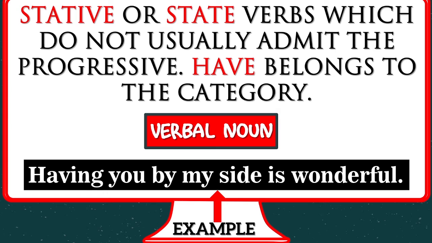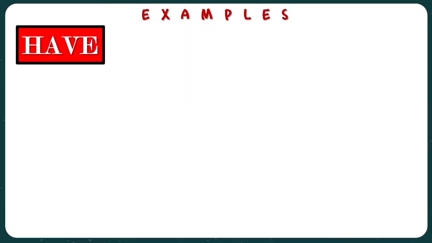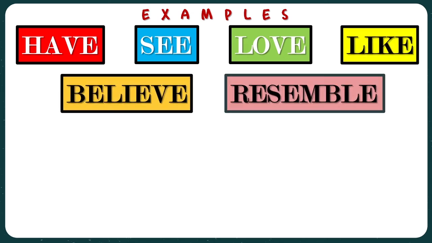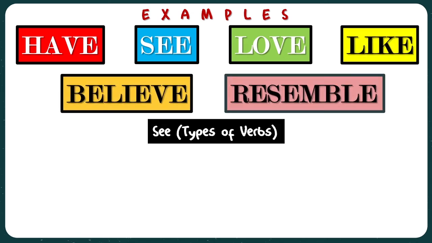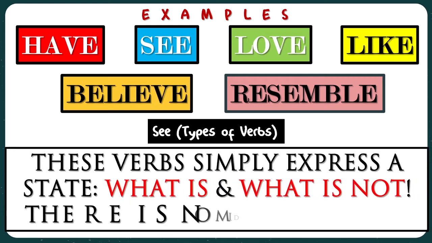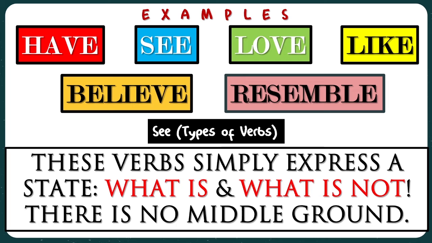Now, the simple reason is what we have explained, that it belongs to the category of verbs that are referred to as stative or state verbs, verbs that do not admit the progressive forms. And the examples of such verbs include have, see, love, like, believe, resemble. You can see the video on the types of verbs for more information. These verbs simply express a state, what is and what is not. There is no middle ground.